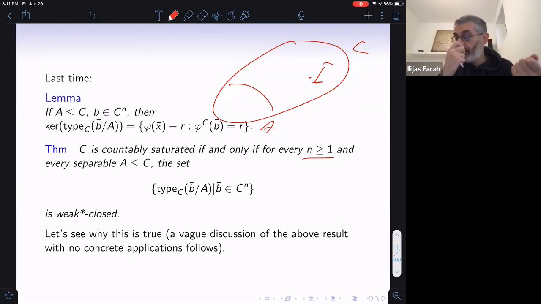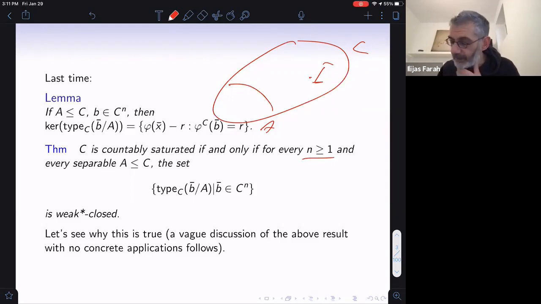So in other words, the weak star closure of realized types is approximately satisfiable types.